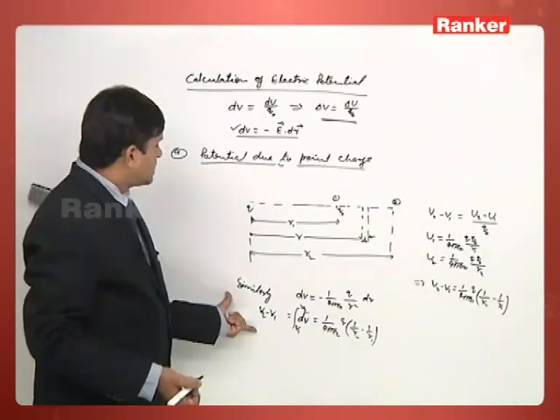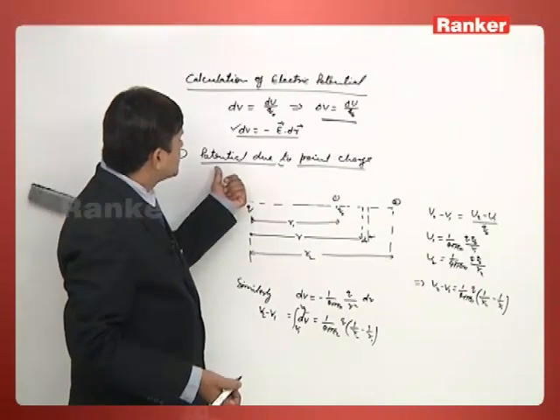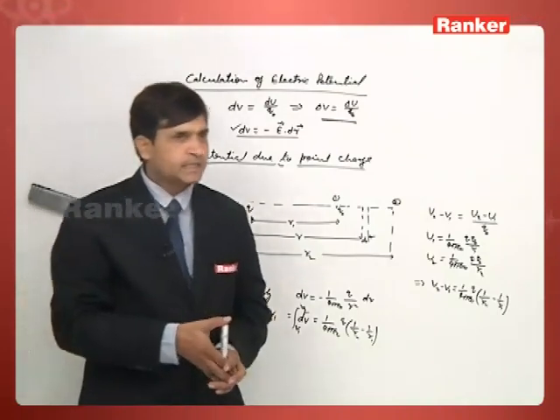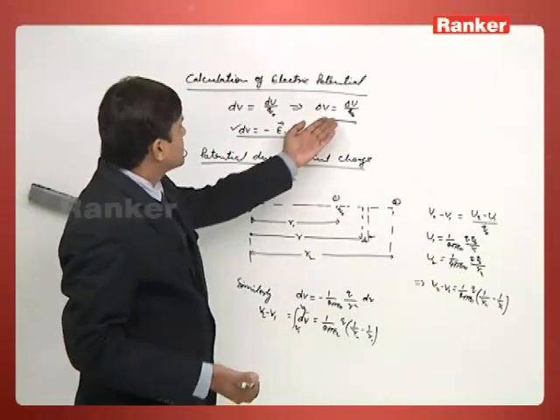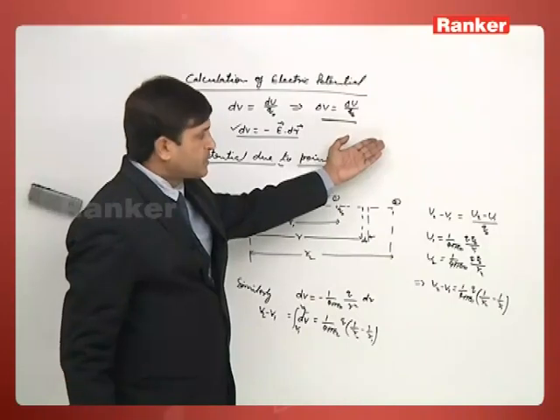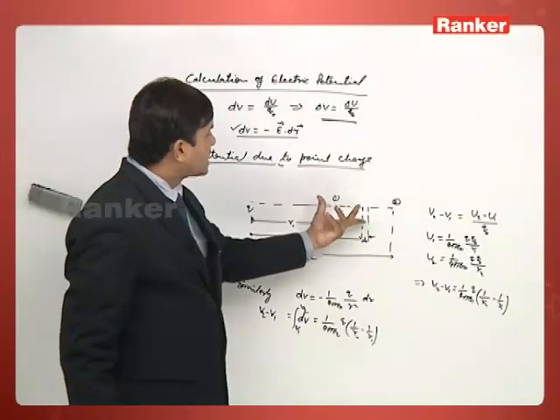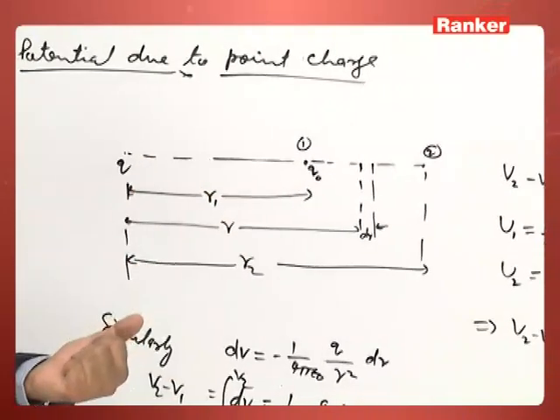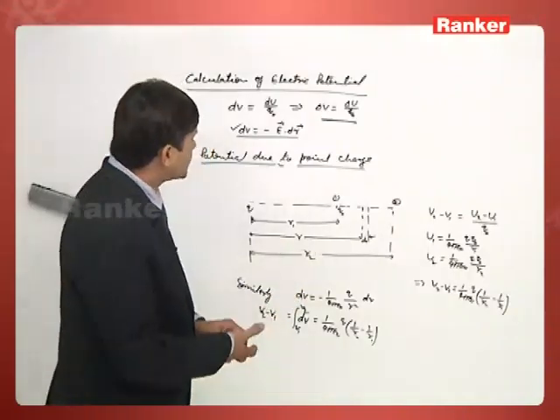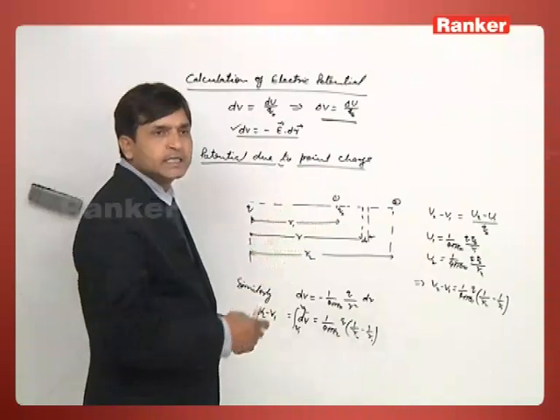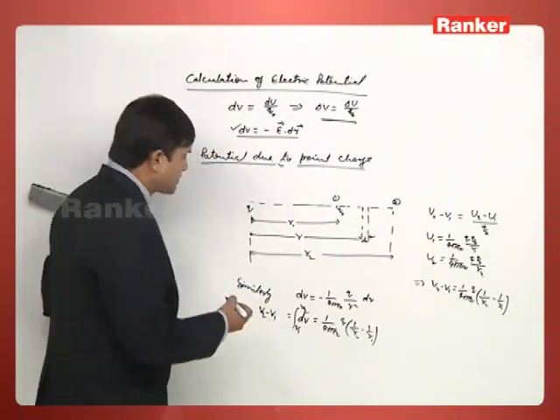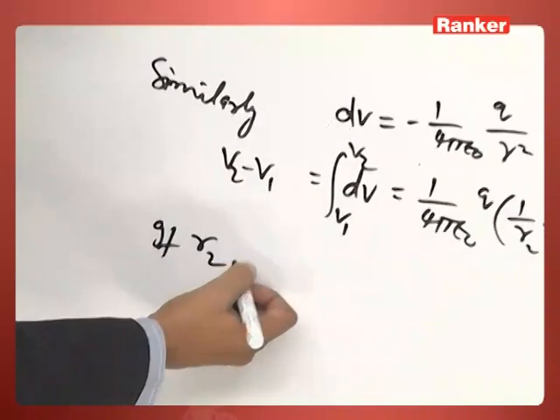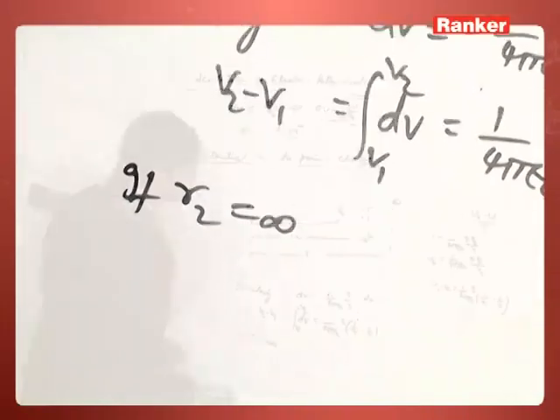Now, potential is due to the interaction between the two charges, because potential energy is due to interaction. When the charges are at infinity, there is no interaction, so we can say there is no potential. So for that we can define one point at infinity as a reference. Let R2 be at infinity, which means point 2 is at infinity.